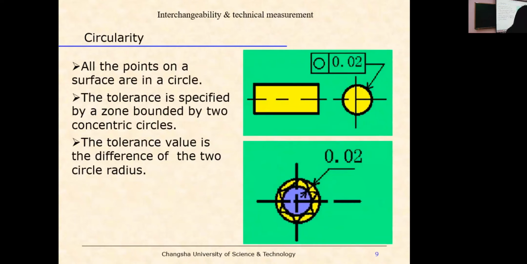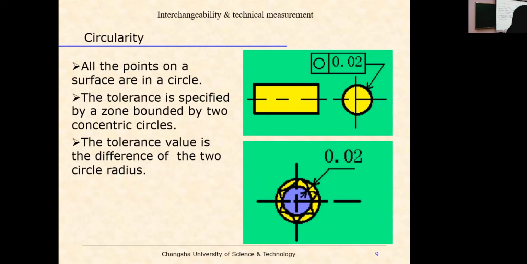The circularity: all the points on a surface and a circle, right? This is circularity, this is the circle. And the tolerance is specified by a zone bounded by two concentric circles. So this is the circle. So we use a concentric circle to contain the real circle.